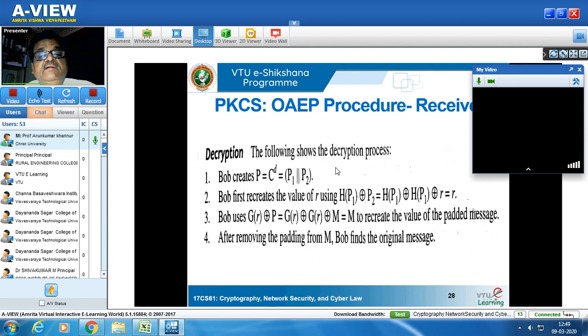And then we implemented the entire activity properly. Forward side, it should be easy to calculate. Reverse side, it should be difficult to calculate. That is the technique we have used. This is the overall PKCS related format and OAEP procedure, on both the sender side and the receiver side.